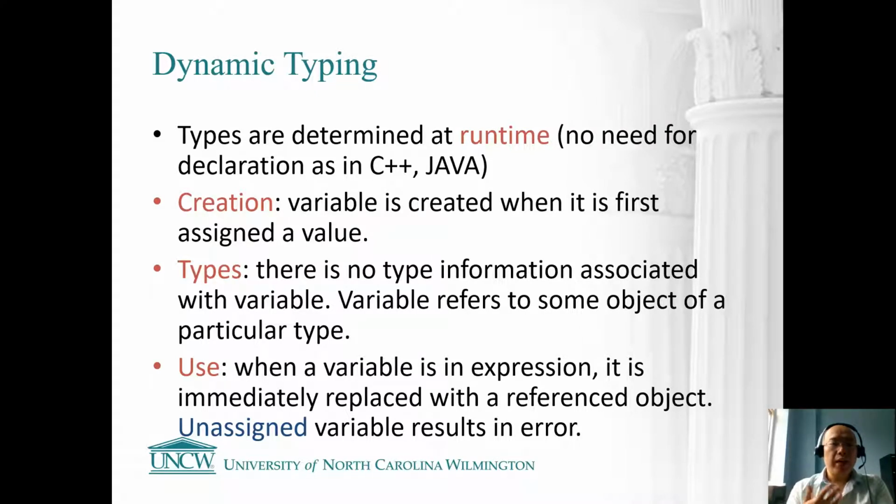So when we create a variable name and we first assign a value, the second point is there's no type information associated with the variable name. So later, say the variable A is now 10. If later we want the A to be a string called hello, can I do that? In Python you can, but in some programming languages, for example Java, you can't.